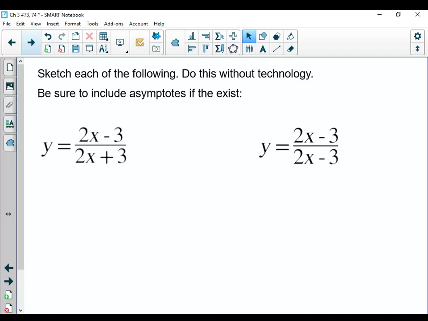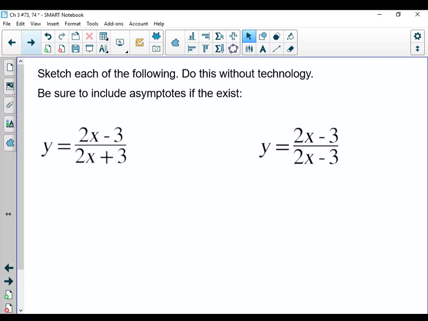Okay, now that you've done a comparison, let's enter it in, either into your calculator or, if you want, Desmos. Enter those two equations in and see how their graphs compare to what you thought they were going to look like.